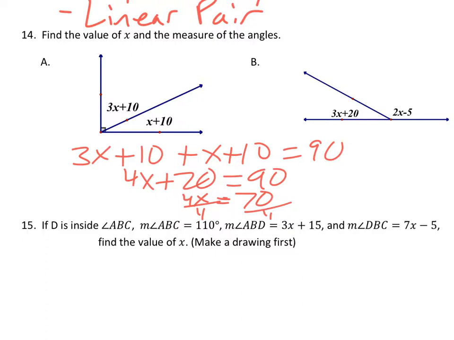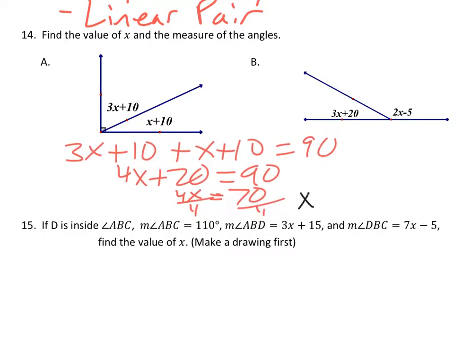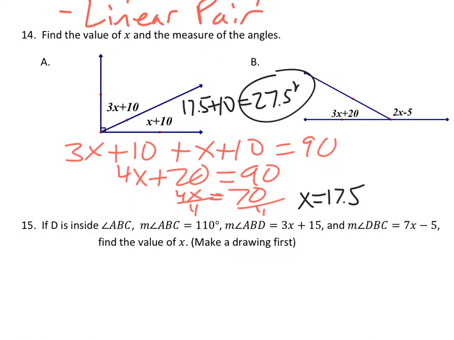Cut that in half, we get 17.5. So x is 17.5. Let's plug that back in, and we get 17.5 plus 10, and that's 27.5 for one of our angles here. And for this other one, if we subtract 27.5 from 90, or we can plug it in, either way, we're going to get 62.5 degrees for that angle there.